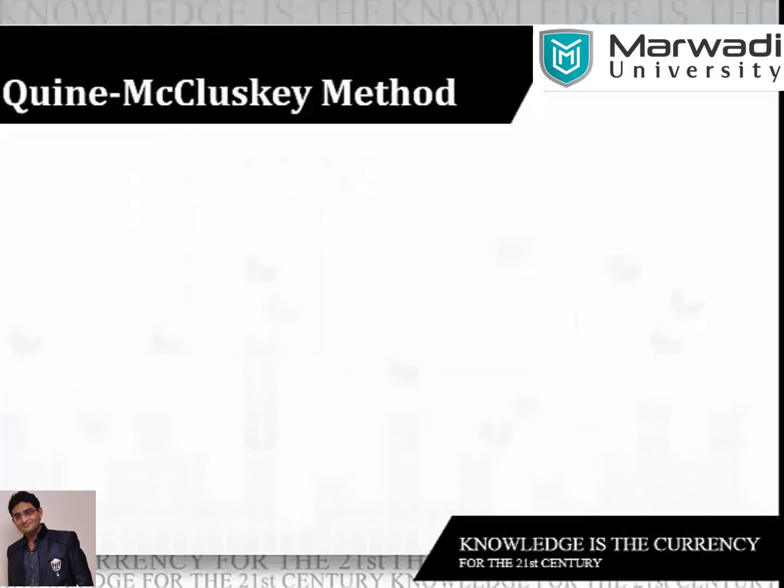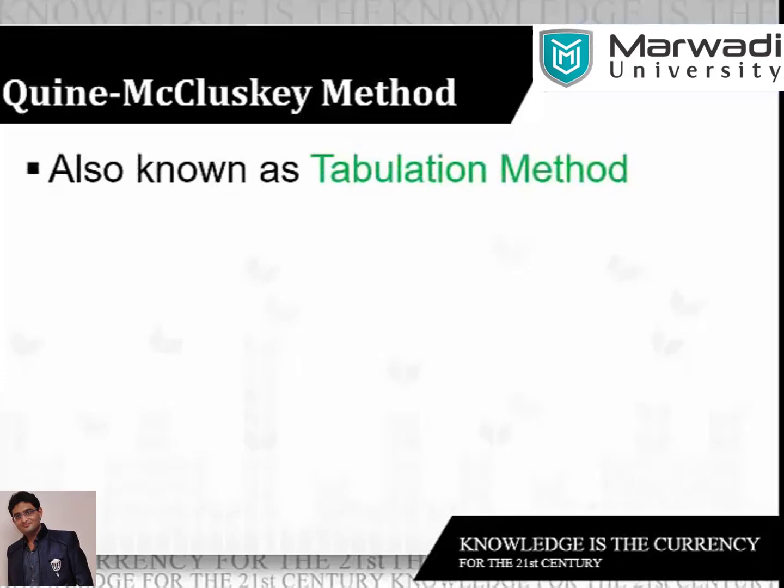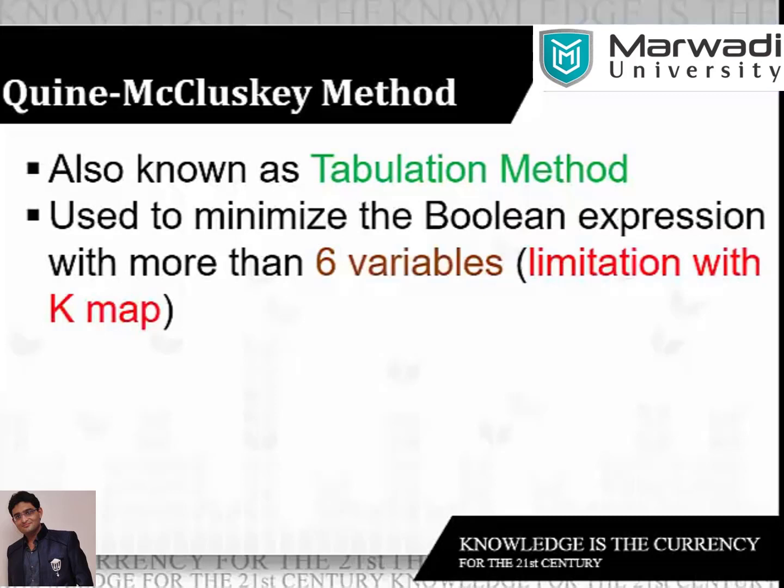Now, today we are going to learn a new method, that is Quine-McCluskey method, which is also known as tabulation method. We can easily simplify the Boolean expression up to 6 variables using K-map. But what about Boolean expressions comprising more than 6 variables?